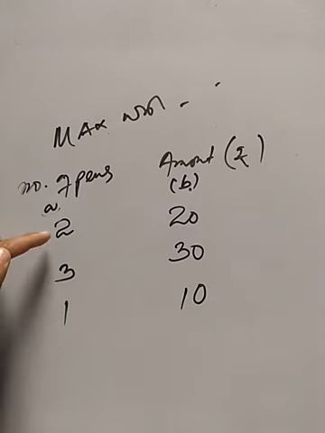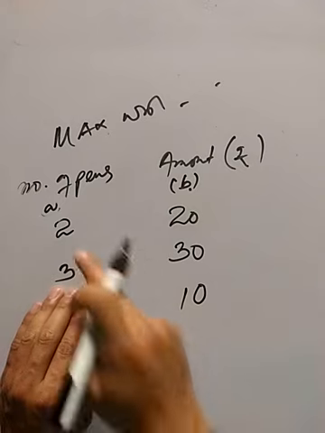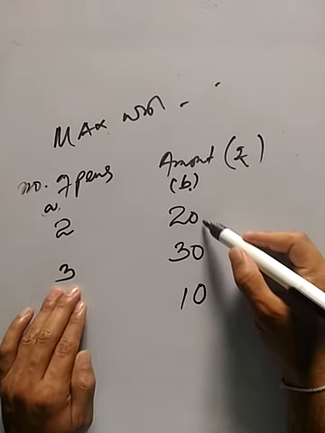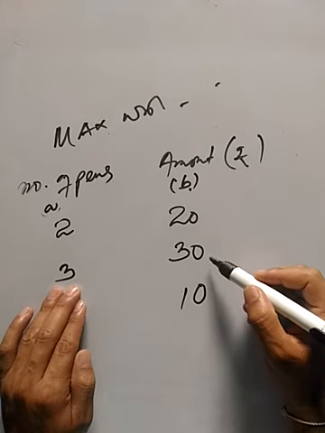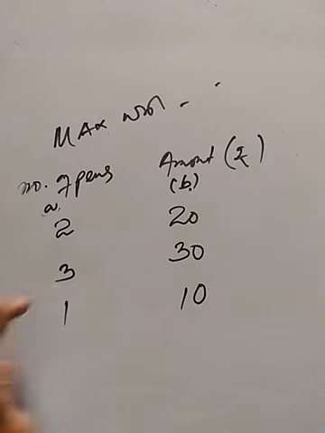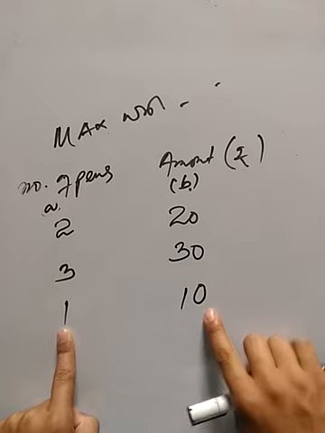When the number of pens increases from 2 to 3, the amount also increases from 20 to 30. So that means when there is a change in quantity A, we find changes even in quantity B. When it decreases to only 1, the amount also decreases.